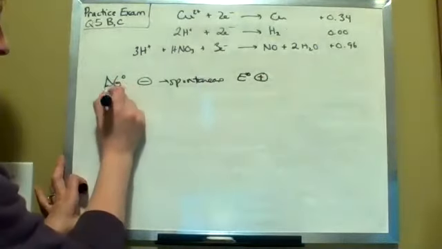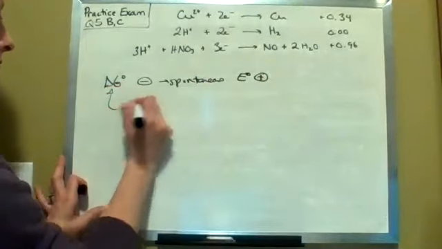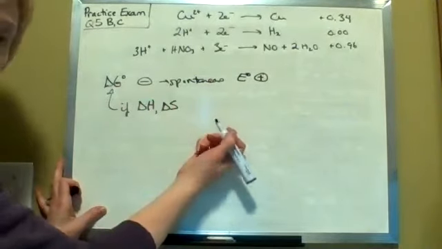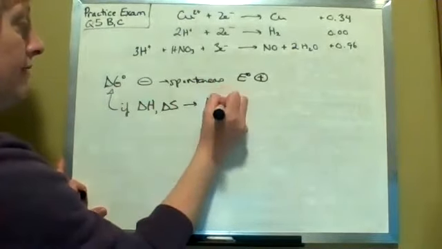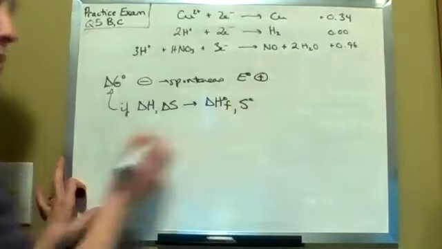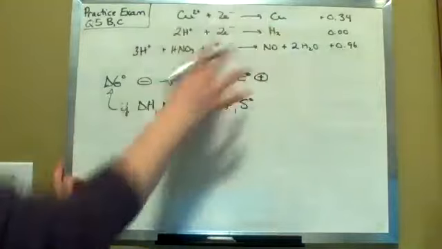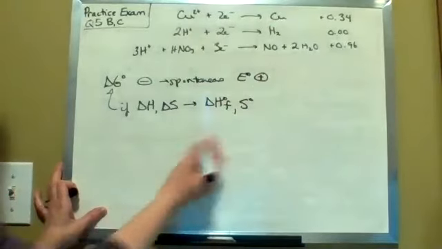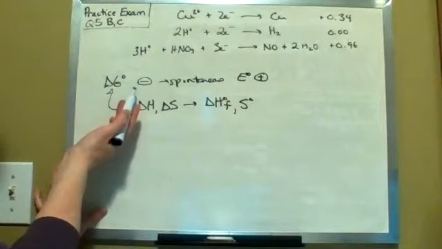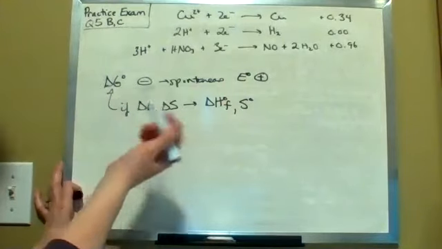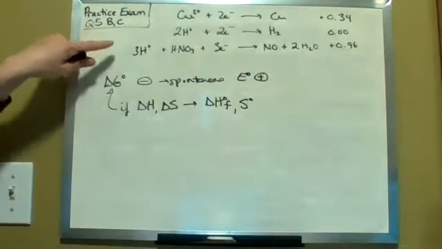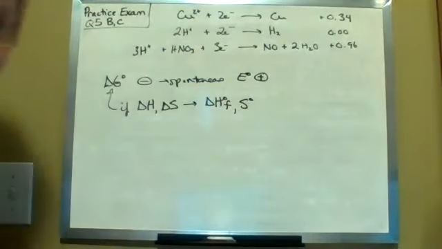So we can potentially find these values if we have delta H and delta S of these reactions, which means we need to have available the enthalpy of formation data and absolute entropy values for each of the species in our reactions. Then yes, we can use those to calculate delta H, to calculate delta G, and depending on the sign, we could tell whether it is spontaneous or not. We'll end up with the same answers, and realize that's why it dissolves in nitric acid and not in hydrochloric acid.